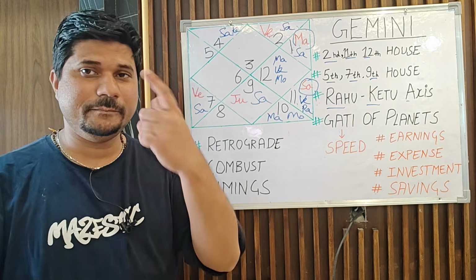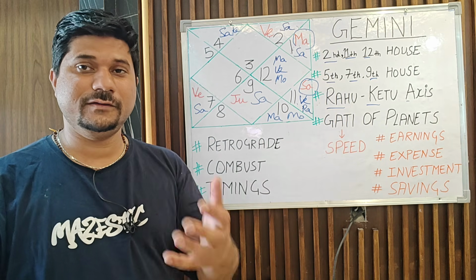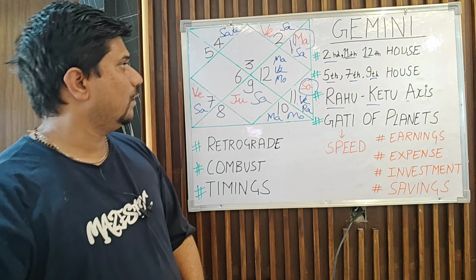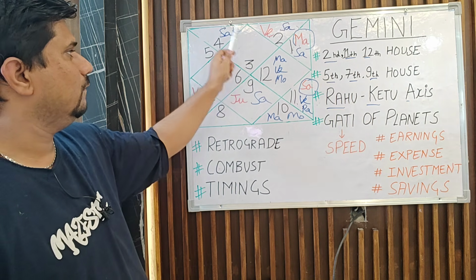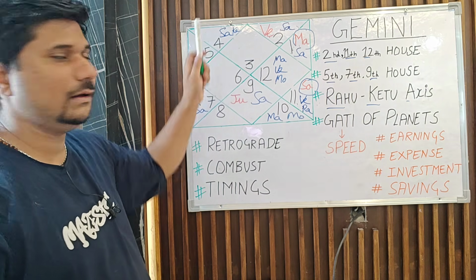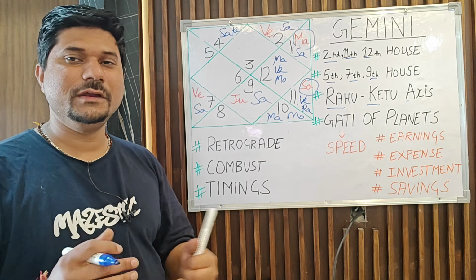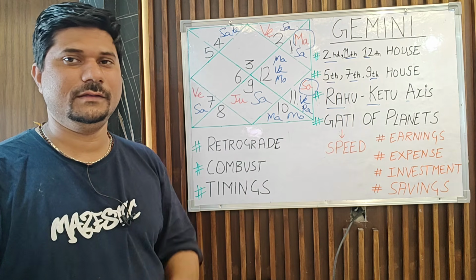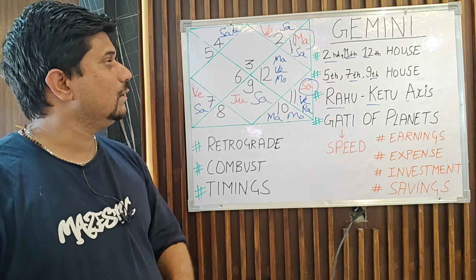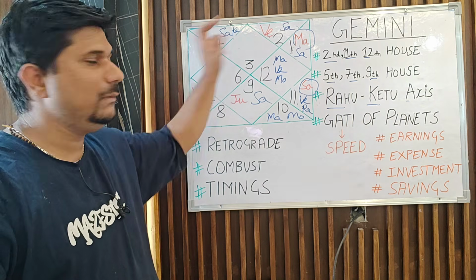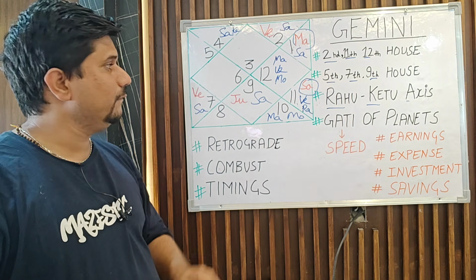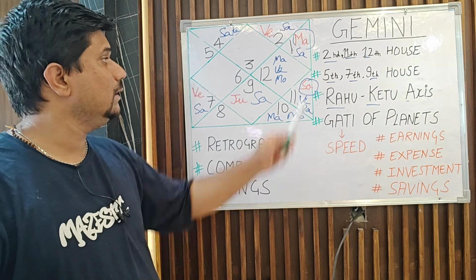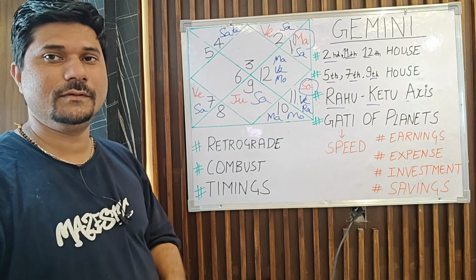Now, there are certain aspects also which we call drishti. Even if, for example, Mars with its fourth aspect, 1, 2, 3, 4, is aspecting this Saturn and Ketu, this is still going to be considered a good and auspicious thing here. Don't think that they are enemies and are not going to behave well. No. Even if they are brutal enemies, they are actually the rulers of the money and wealth houses.